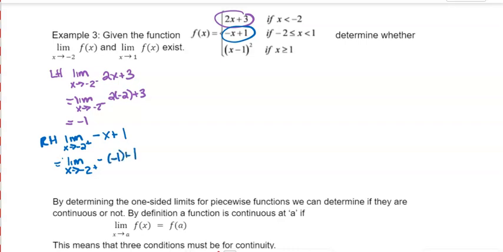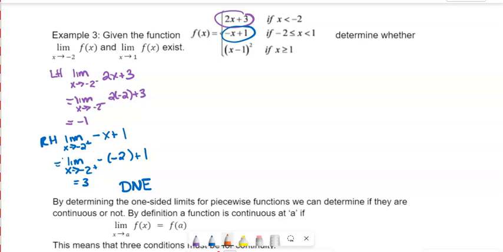Plugging in -2, that's +2 plus 1 is 3. Okay, so here, -1 and 3, that's not the same, so this limit does not exist.